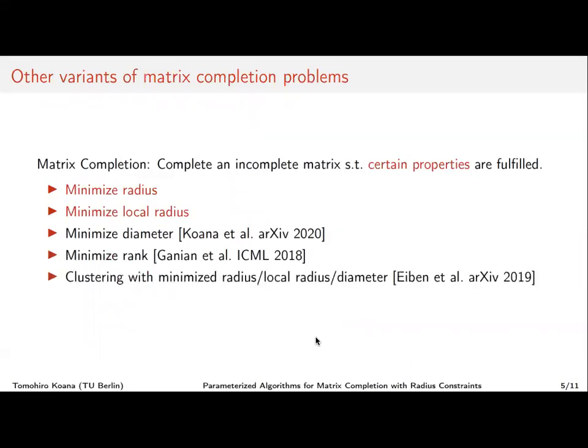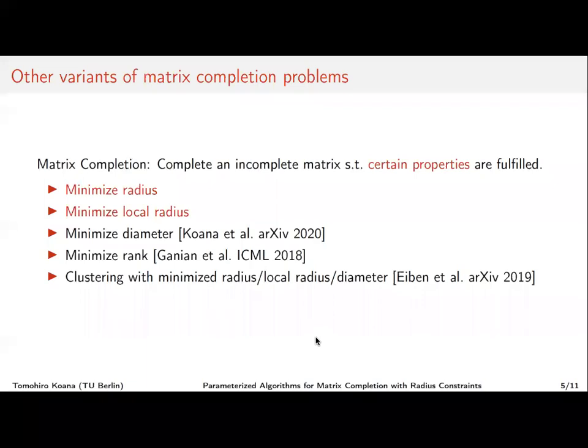And last year, there was also work studying the variant where you want to partition the rows such that the radius, local radius or diameter is minimized.